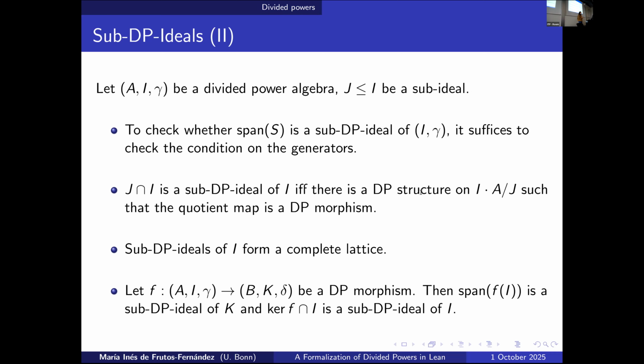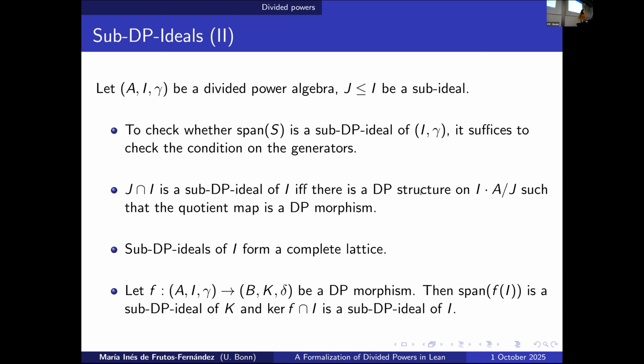We also study divided powers on quotient rings. We prove two lemmas to prove the equivalence that the intersection of J and I is a sub-divided power ideal of I if and only if there is a divided power structure on the ideal generated by I in the quotient A mod J, such that the quotient map is a divided power morphism.